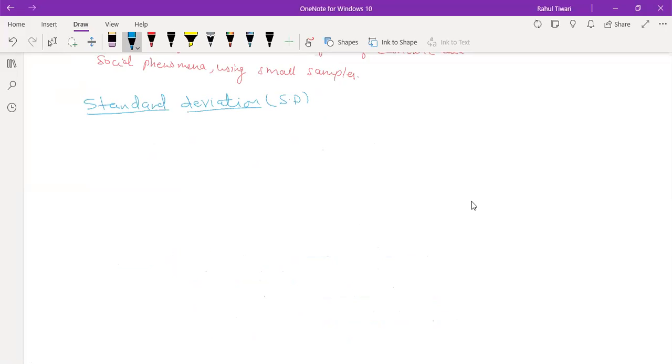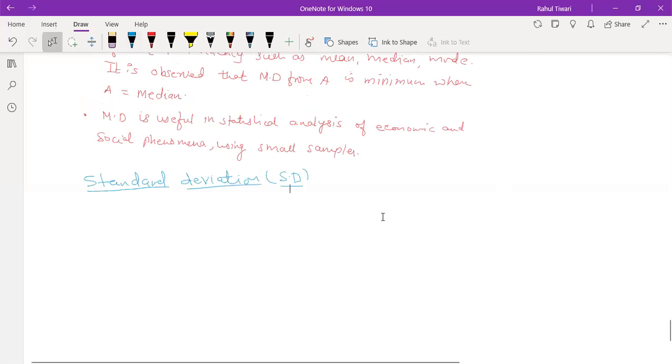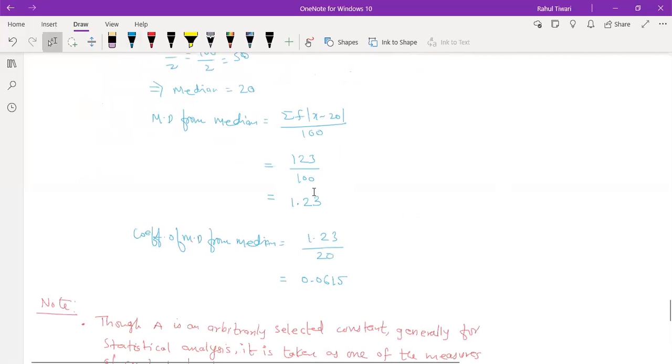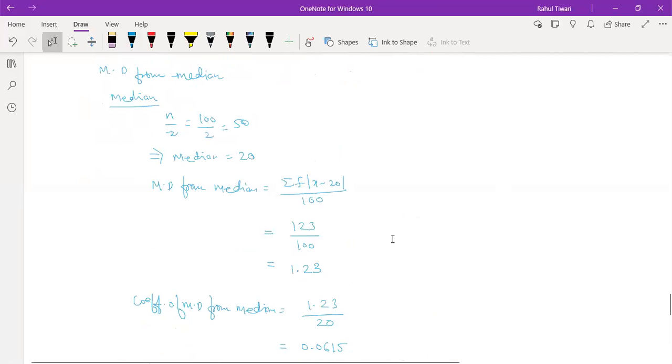Now you can understand the difference between standard deviation and MD. What could be the difference between MD and SD? See, in MD, we are using the mean absolute deviation, the absolute value. Okay, that means even if my data is negative, I'm getting the answer as positive, because of the mod.